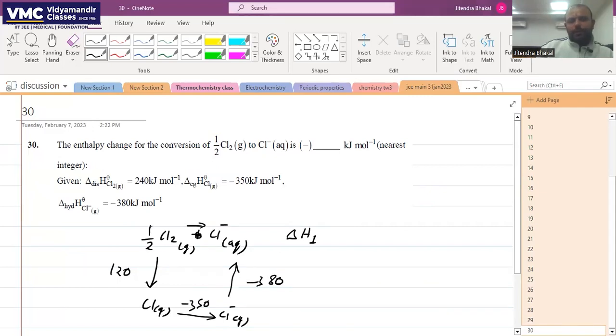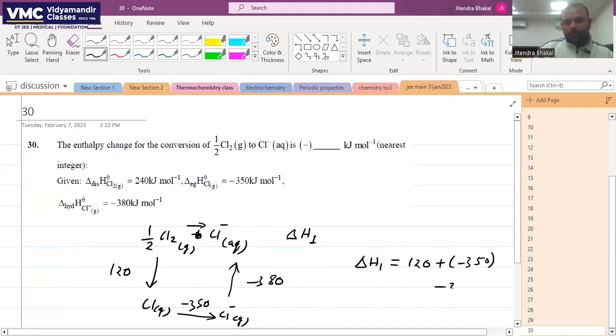The overall enthalpy change is going to be the same. So delta H1 must equal 120 plus minus 350 and minus 380. So we get the value of delta H as minus 610. The delta H for this reaction is minus 610 kilojoule.